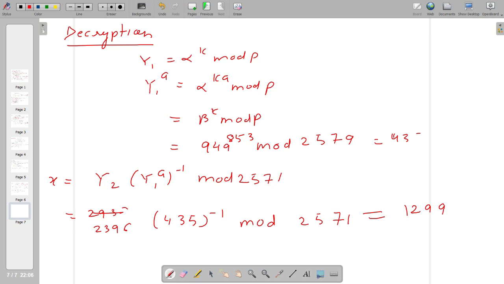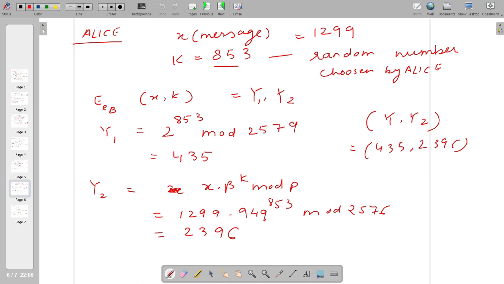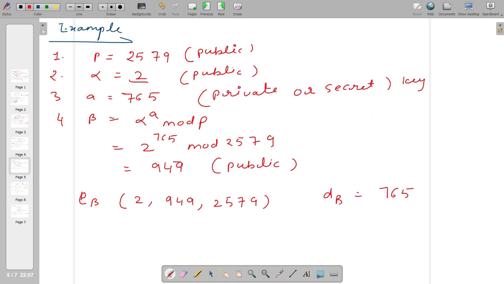All the calculations are done using modular arithmetic rules. So this is how we can verify using decryption that the encryption is for the plain text 1299. So this was an example of how we do the calculations for the Elgamal CryptoSystem.